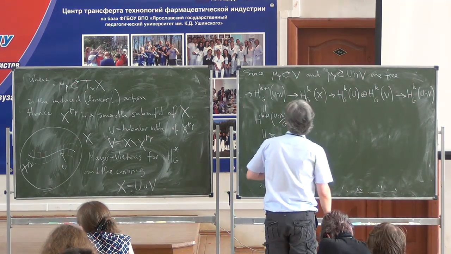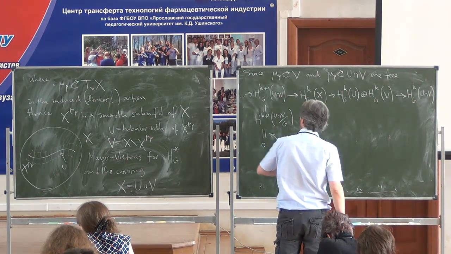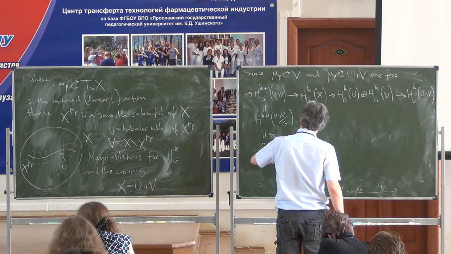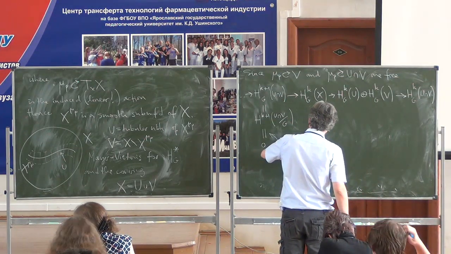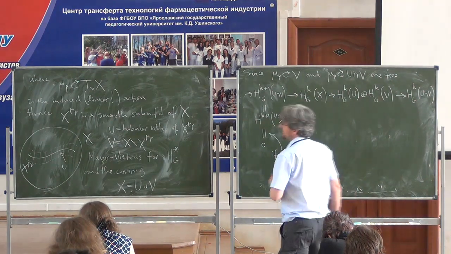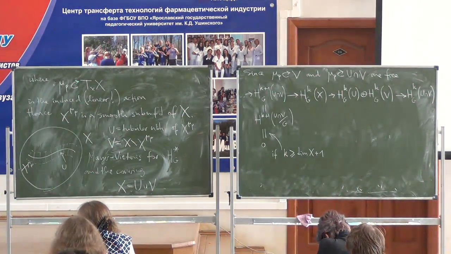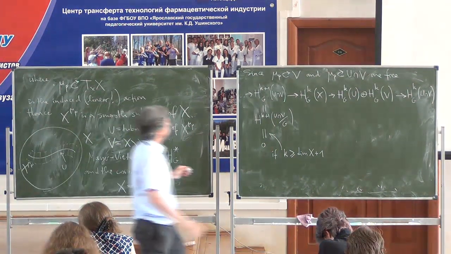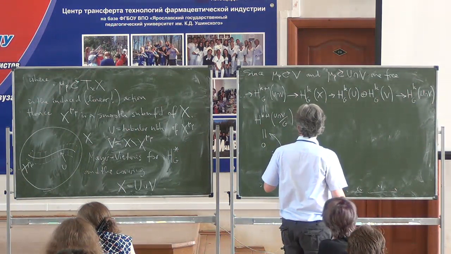So this vanishes if k is, well, I should be a little bit careful. Let me put bigger or equal than the dimension of X plus 1. And maybe I should put a 2 here, but this is not too bad. Okay, I think so.